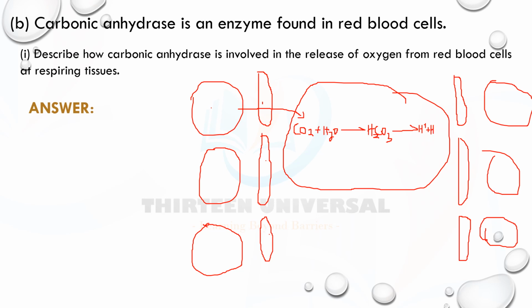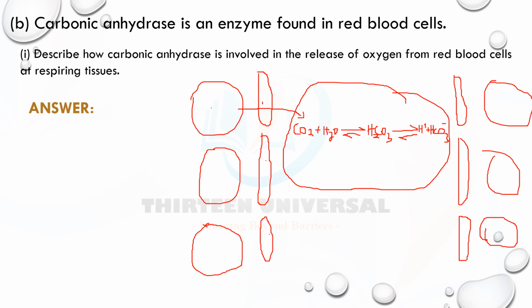Hydrogen carbonate ion is formed, and it is transported in the plasma, so it's going to move out into the plasma. That's a negative ion. Remember, the forward reaction occurs in respiring tissue. The backward reaction will occur in the alveoli when the blood gets to the alveoli. So you know the story.